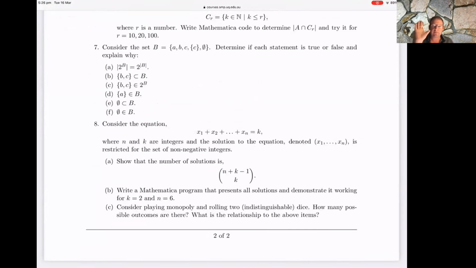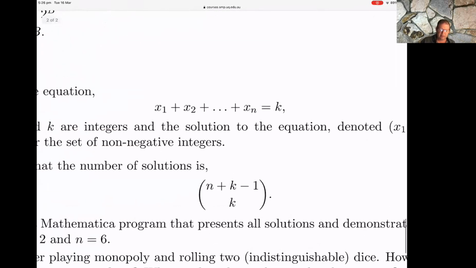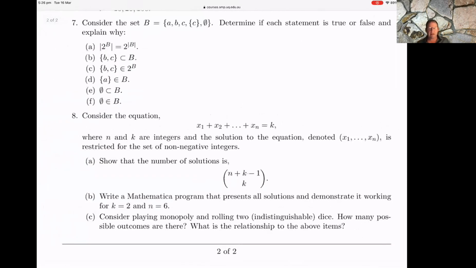I didn't say that. Okay, so how can you describe the non-negative integer solutions of this equation via what we just did? Well, argue it. So it's an argument, and that's it. Questions?